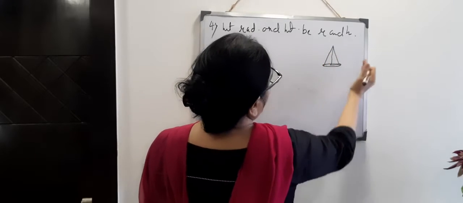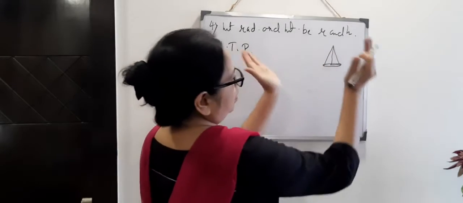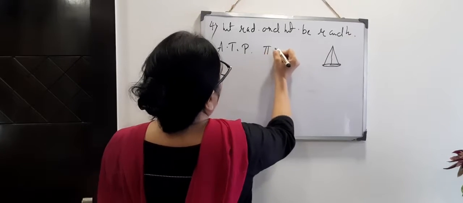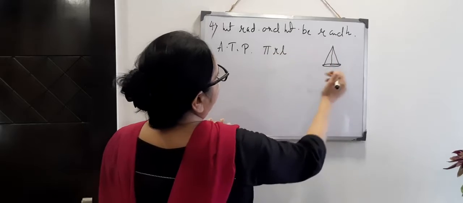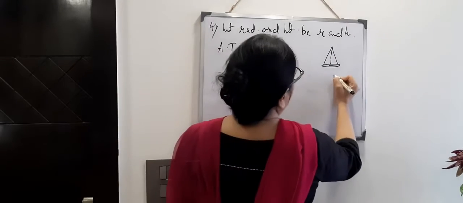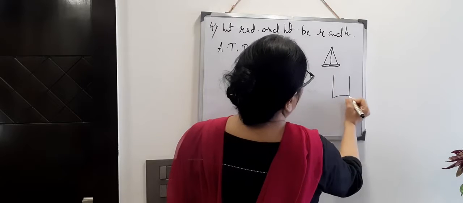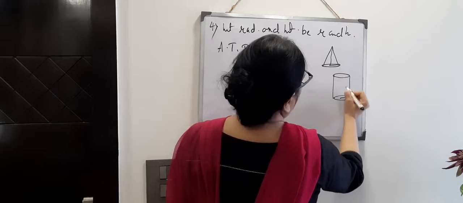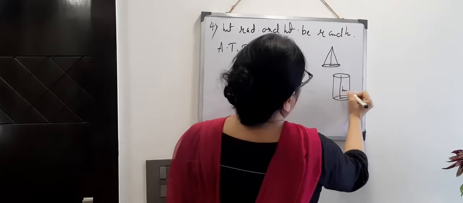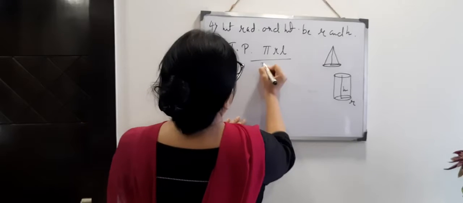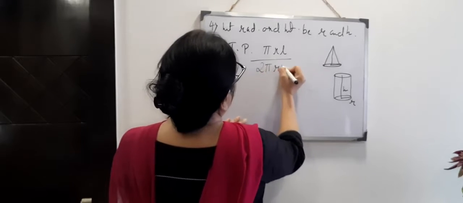Curved surface area means outer part of cone. That formula is pi r l, where l is slant height, r is radius. And curved surface area of cylinder is 2 pi r h.